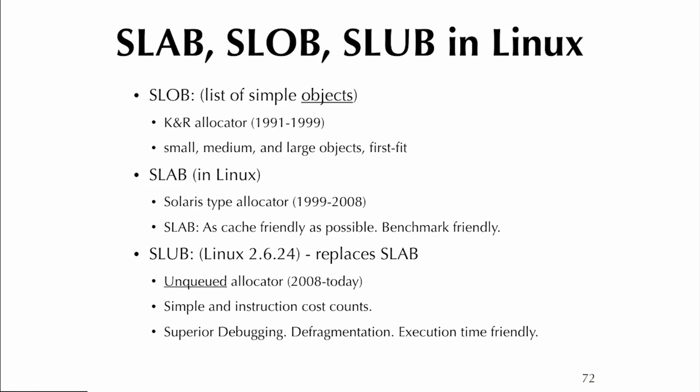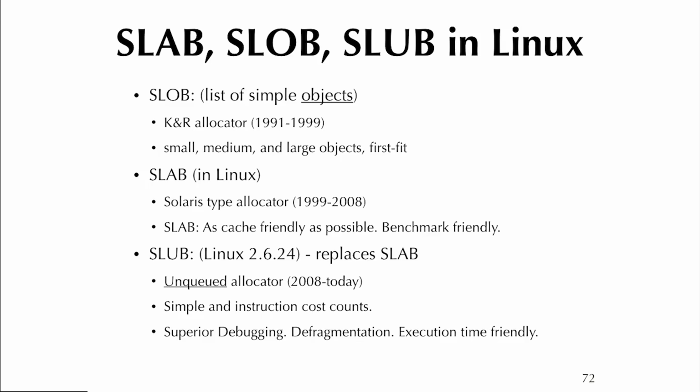Now there's different versions of this. Slab used to be used for about 1999 to 2008. That's what's used most. It's a Solaris-type allocator, and it's supposed to be cache friendly. This cache is a processor cache, and it's also benchmark friendly, and that was used in Linux.